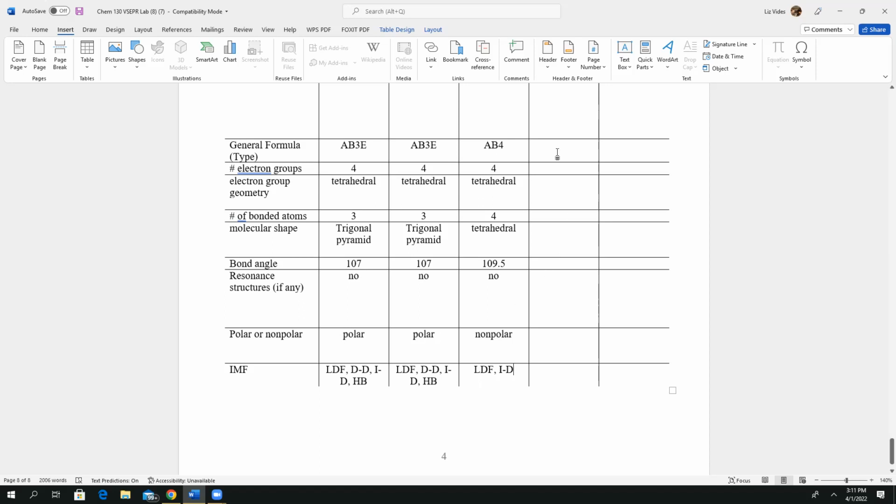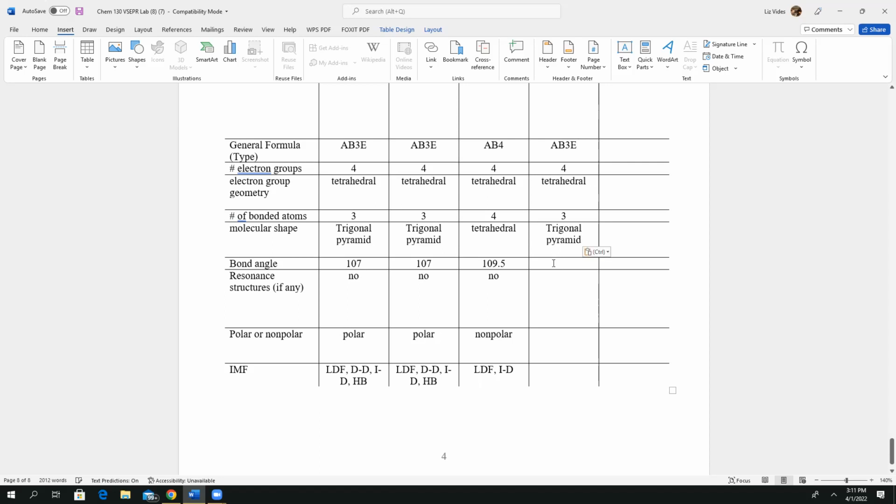SO3 negative is an AB3E also. That means we have 4 things around it. They are tetrahedral, 3 of them, and that means this is a trigonal pyramid. So we're going to copy that one.